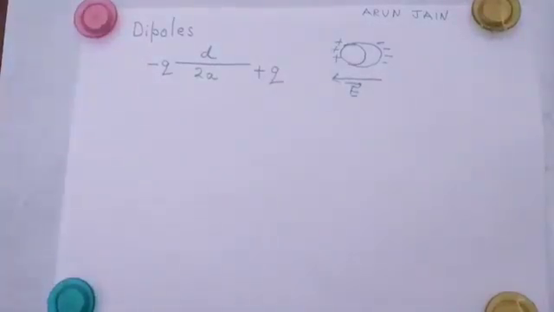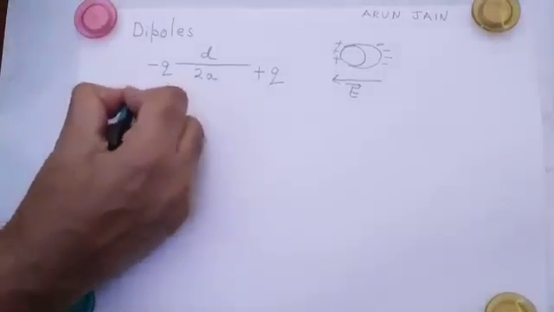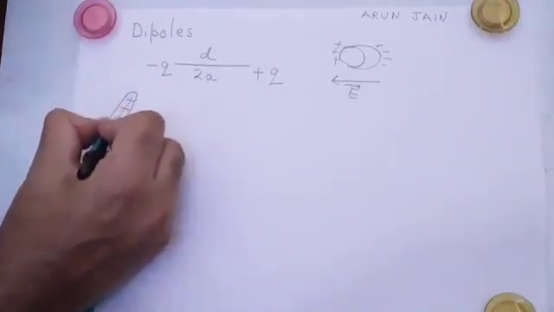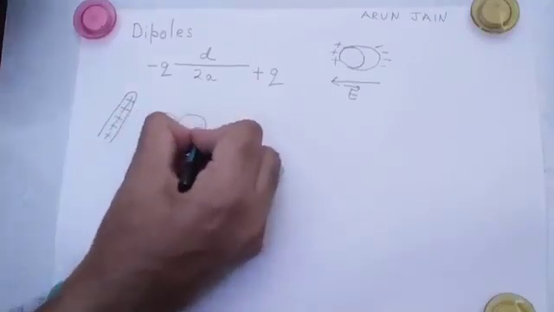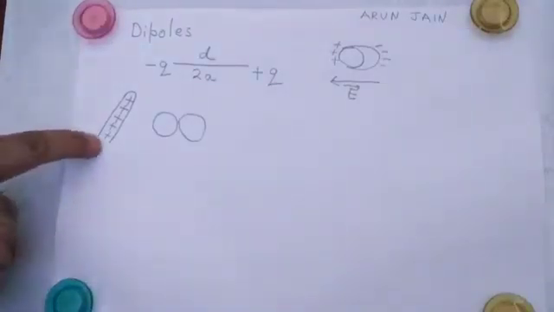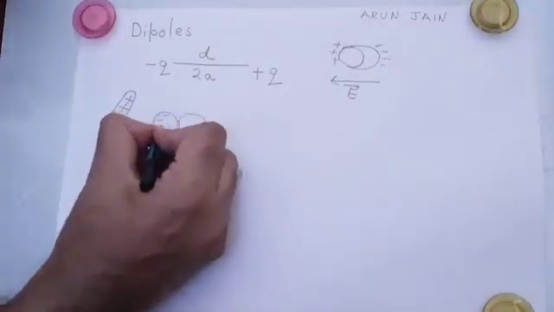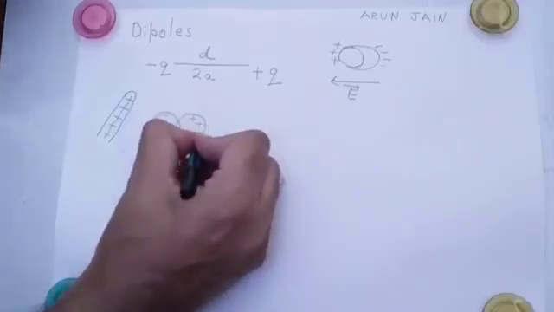Suppose we want to make a dipole here in the class. How can we do that? We need a charged rod, either plus or minus, anything is okay. We need two spherical conductors on insulating stands, and these spherical conductors are in contact here. Now because of this charged rod, the minus charge will come to this side, the electrons, and the plus charge will stay behind here.